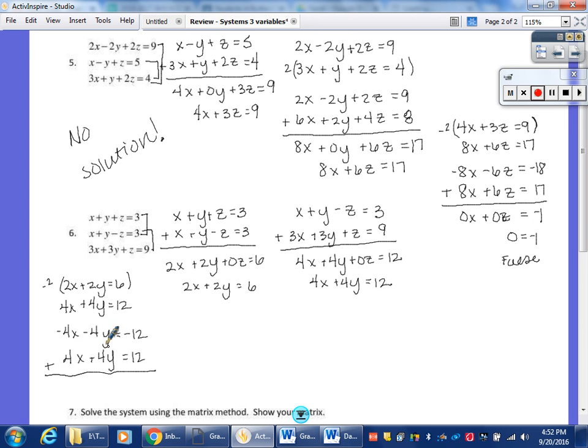What happens is everything over here cancels out, which is 0. And then the negative 12 and positive 12 cancel out, which is also a 0. And that, guys, 0 equals 0 is a true statement. And if you end up with a true statement, everything cancels out and you get a true statement, then your answer is infinite solutions.